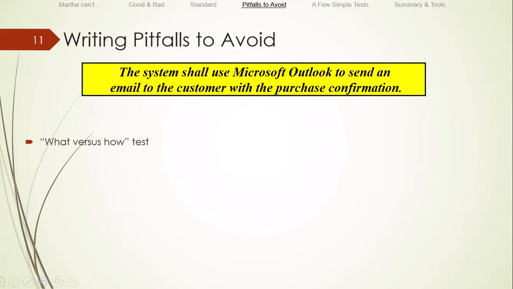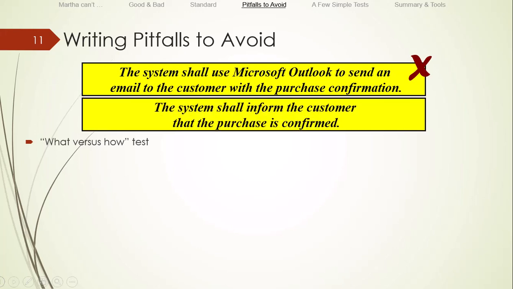Now writing pitfalls to avoid. The system shall use Microsoft Outlook to send an email to the customer with the purchasing confirmation. This is wrong or badly written. Instead, we can write: the system shall inform the customer that the purchase is confirmed.